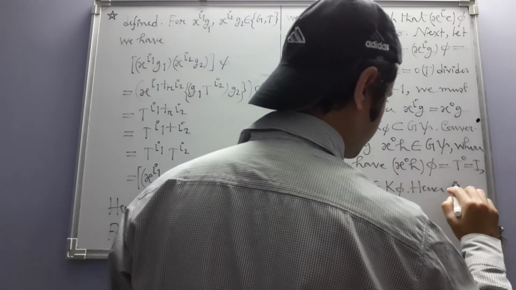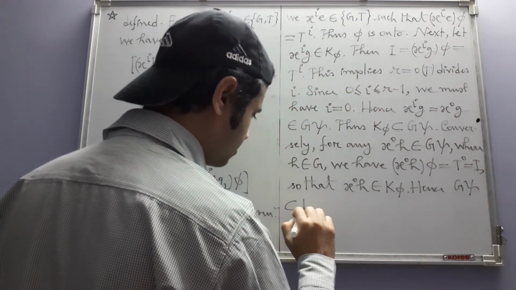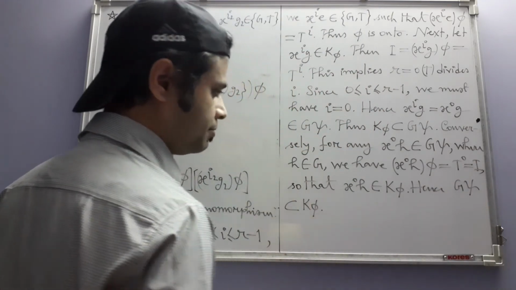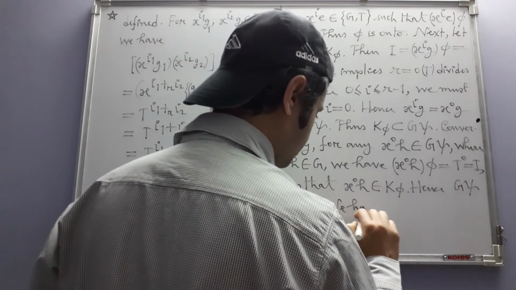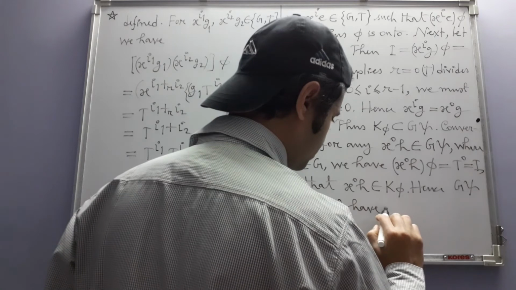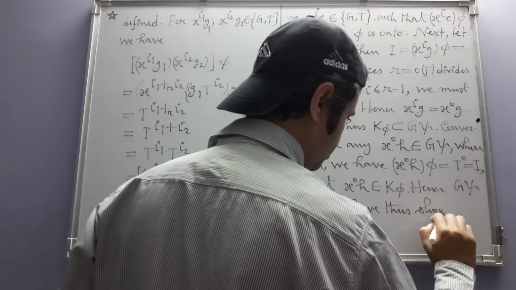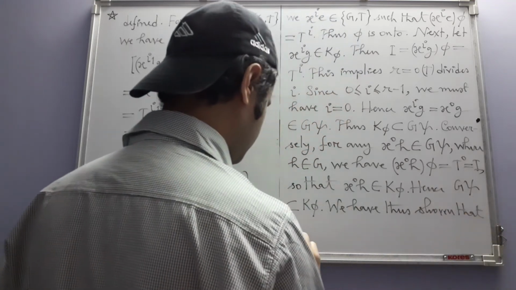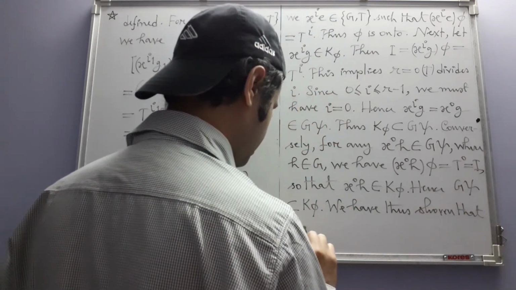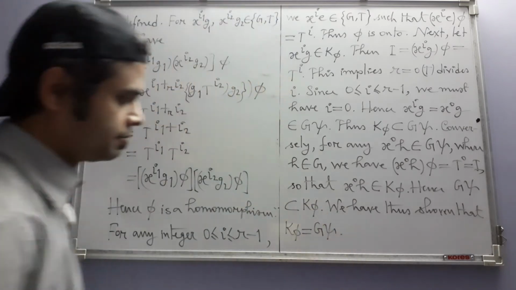Hence, G psi is also a subset of the kernel of phi. We have thus shown that the kernel of phi is equal to G psi.